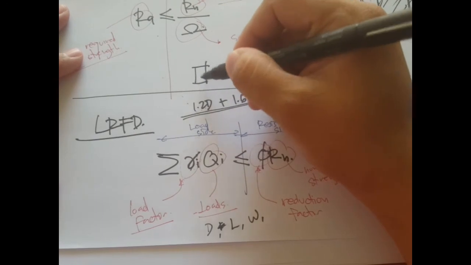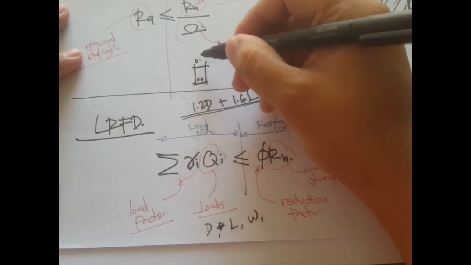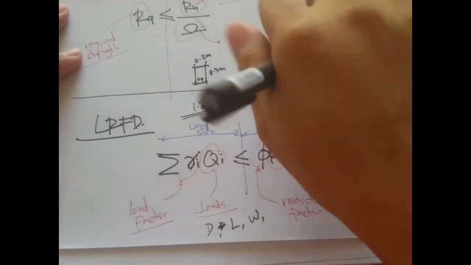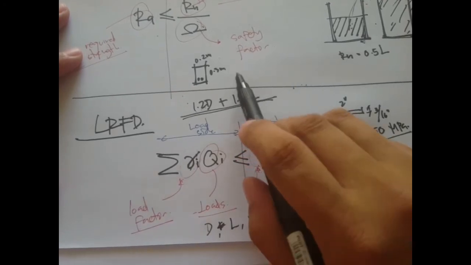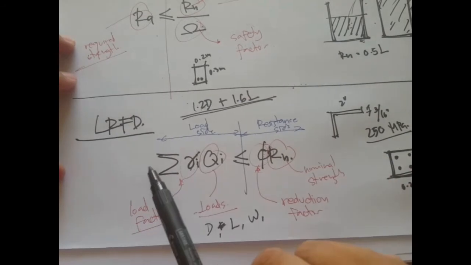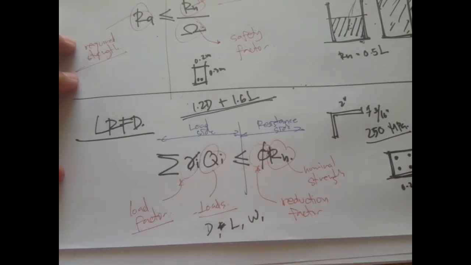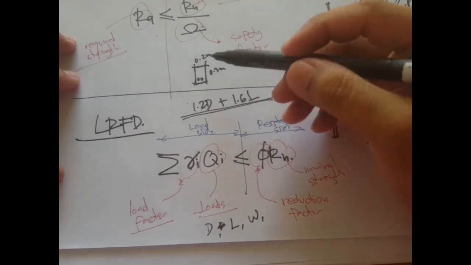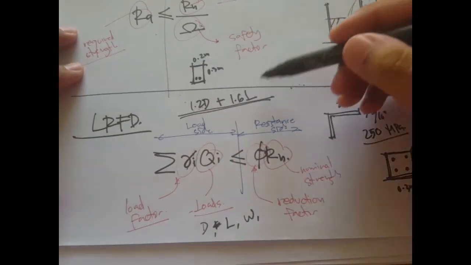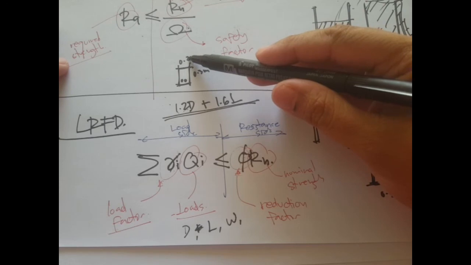So for a beam, let's say we have a 0.2 meter by 0.3 meter beam. During construction we might have discrepancies in the values, the same as the ones I've discussed here.